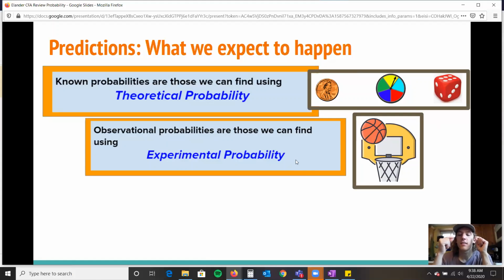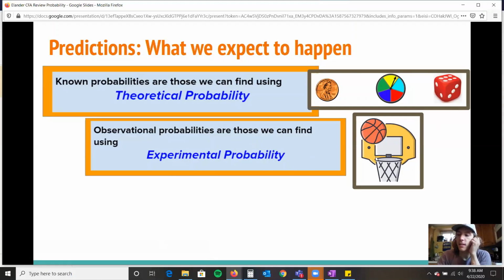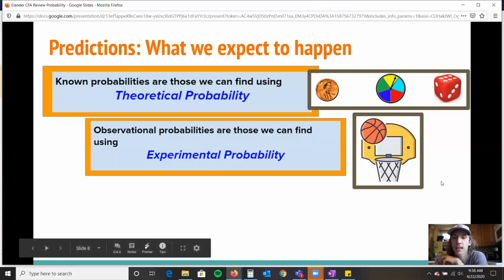If I keep a tally of how you score, right, and see your shooting record, then I could make a guess, a hypothesis, right, based on the experimental probability. But I can't have a theoretical probability for you shooting baskets because it's not something that's set in stone. It's more fluid than that. Unlike these, where we know, oh, there's only 2 sides, or there's only 6 sides. All right, so not everything can be both.